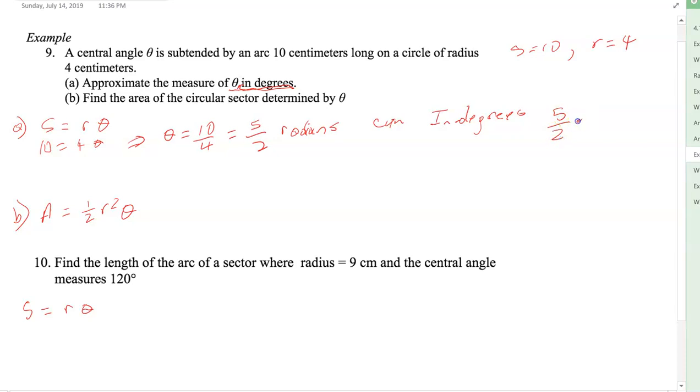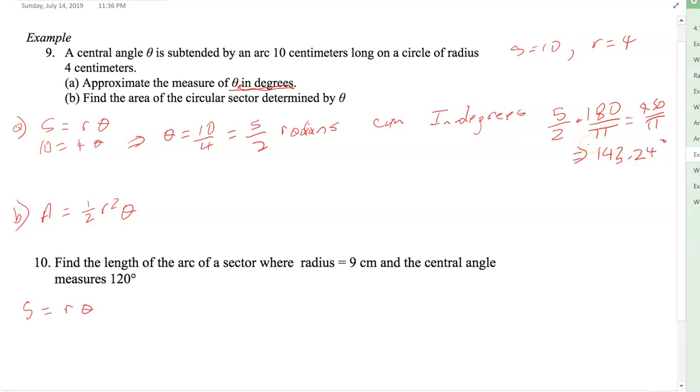So 5 over 2 times 180 over pi, and you will have 450 over pi degrees, because many times we like to write it as a decimal. That will be 143.24 degrees.